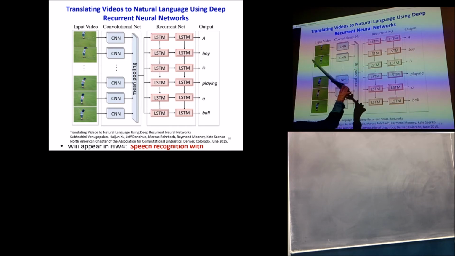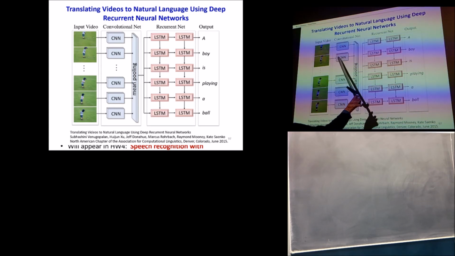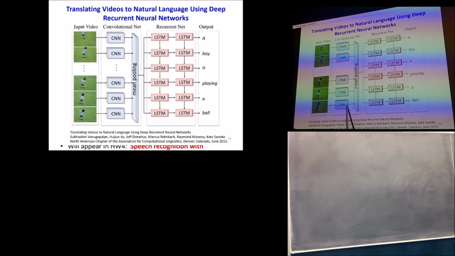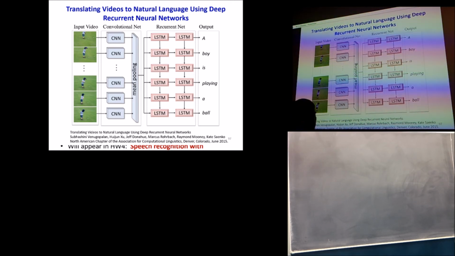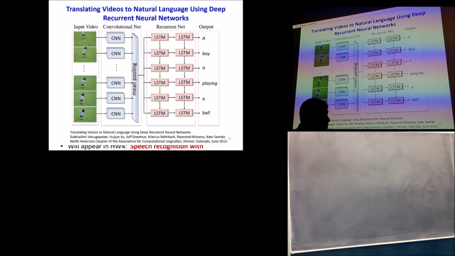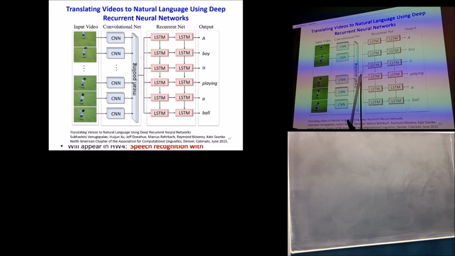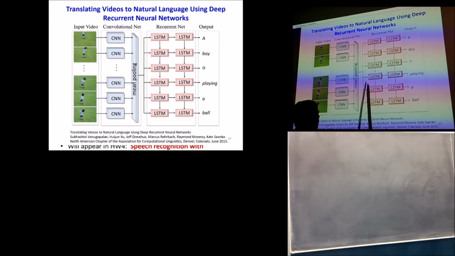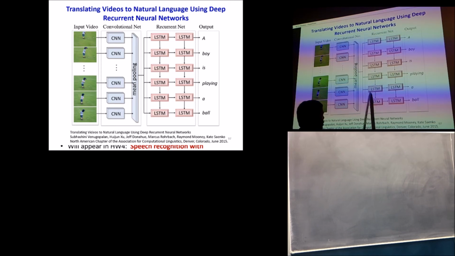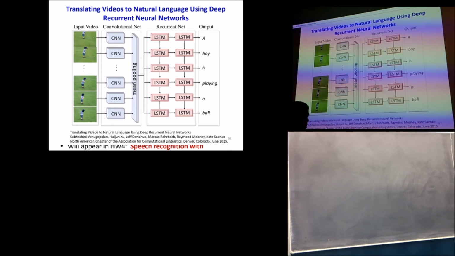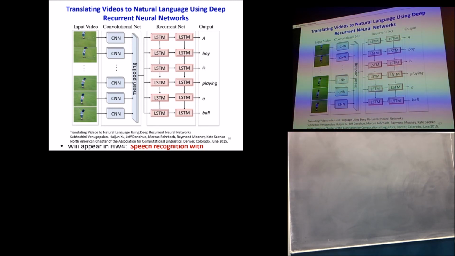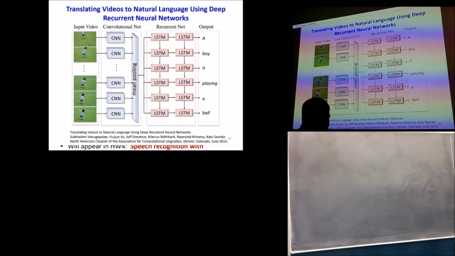You have an entire video, and every frame in this video is processed by a CNN to get a bunch of output representations. You take the average of these representations, mean pooling, and this mean pooled representation is fed to the decoder at each time, exactly as we saw in the previous slide, to produce the output word sequence. This was from this paper by Subhashini Venugopalan et al. back in 2015.